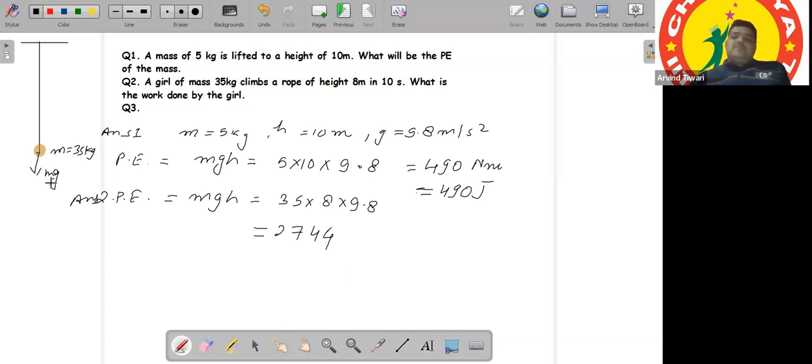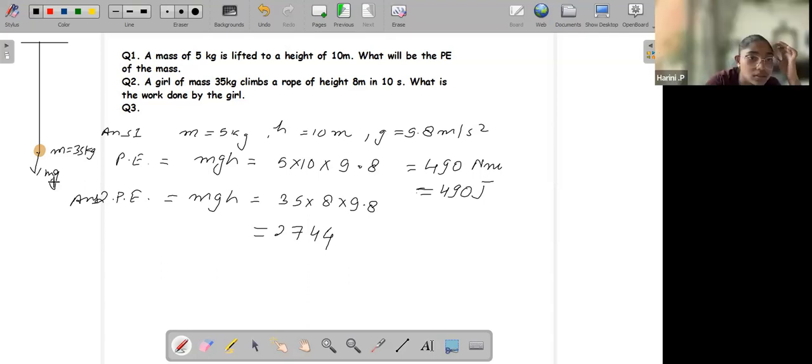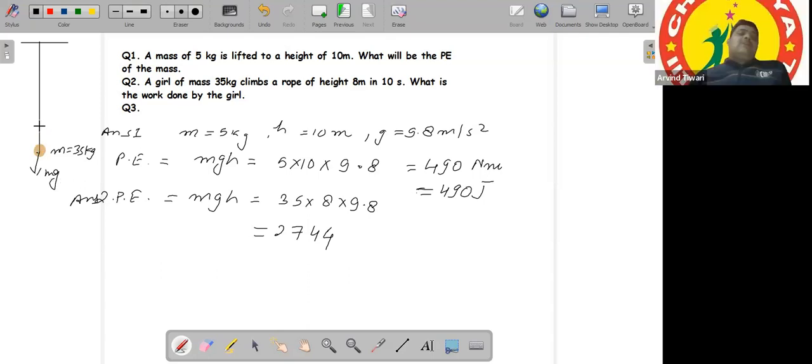So she must apply the same amount of force in the upward direction so as to be able to move upward, and hence the upward force required will be equal to mg, and it has to make a displacement of 8 meter.